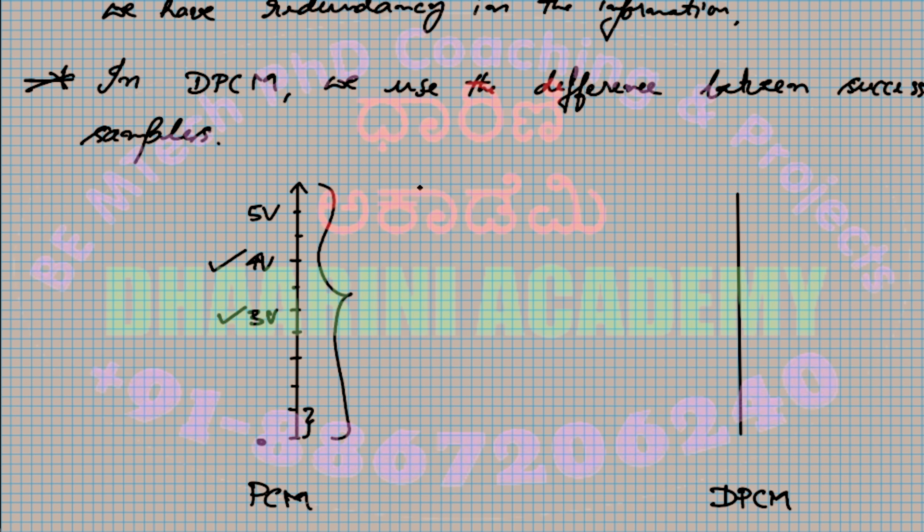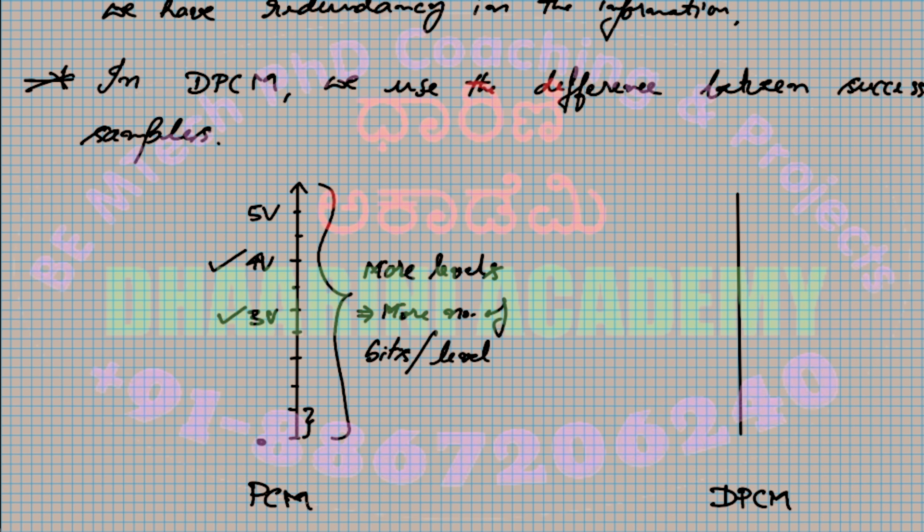So in PCM you require more levels. More levels actually means more number of bits for representation, bits per level. That's my point.